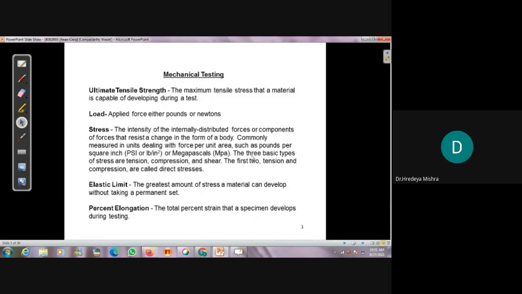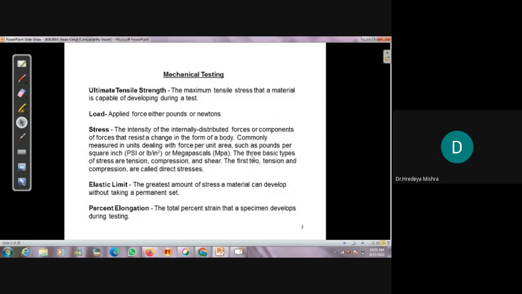Okay, percentage elongation. The total percent elongation that a specimen develops during the test. Whatever the first elongation 0.03, second elongation 0.06, similarly third elongation is 0.12.